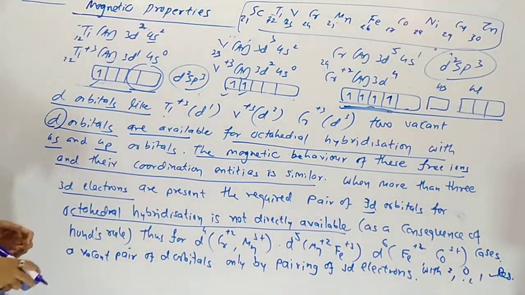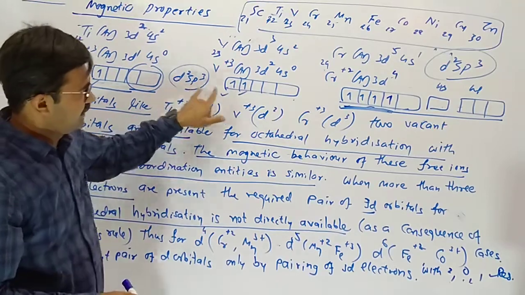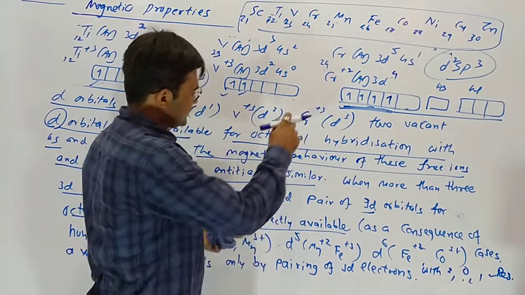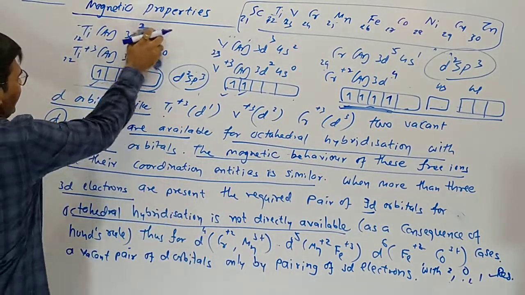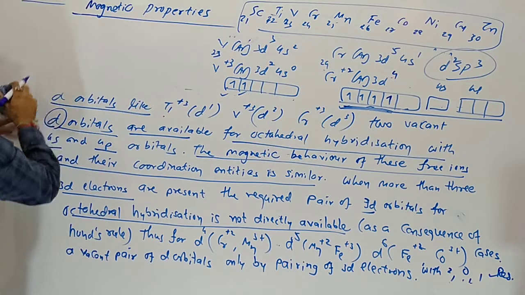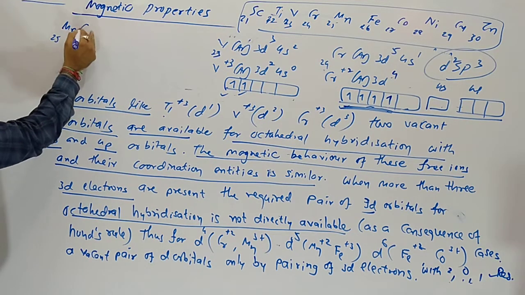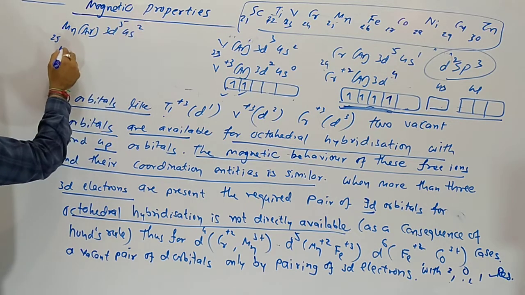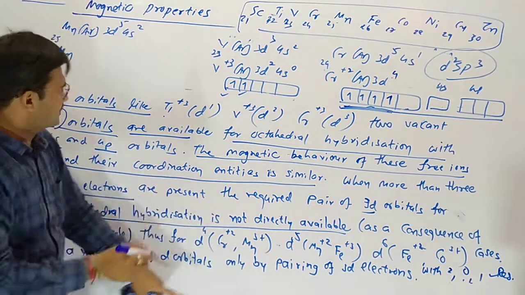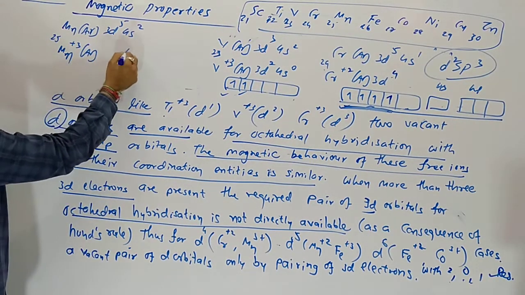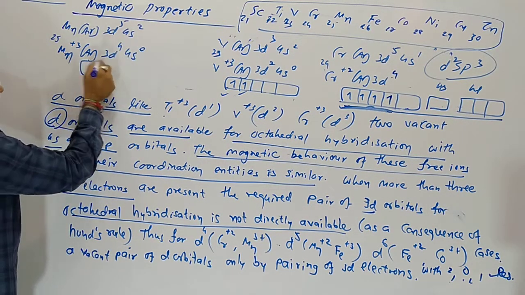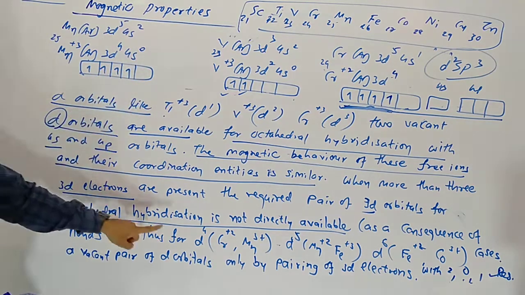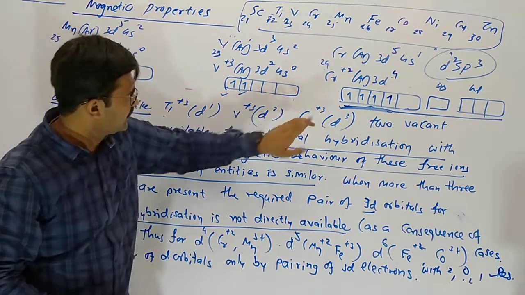For d2sp3, 2 vacant d orbitals should be there, but only 1 d is vacant in Cr plus 2. In Mn plus 3, manganese 25, 4s2 3d5. In Mn plus 3, 4s0 3d4. So there are 4 electrons, only 1 d is vacant, so d4.